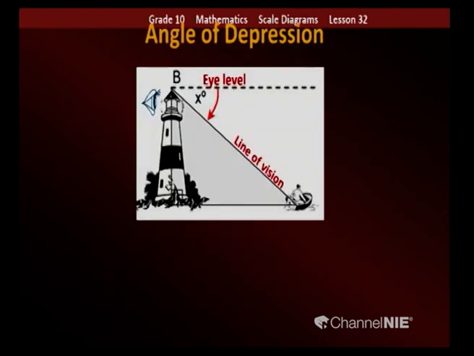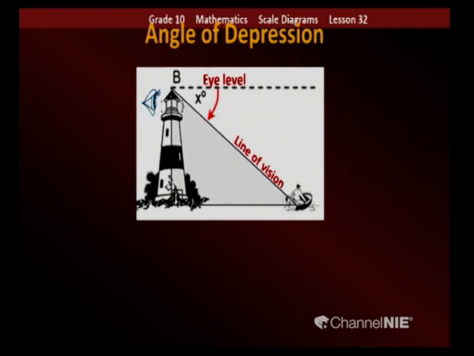Okay. There is another type. We'll see what is that. The angle of depression. Observe the figure there. Now we are in the top of the lighthouse. You have to observe the boat. Therefore, the eye level is horizontal. You have to observe downwards. See the angle X? The angle between the eye level and the line of vision.